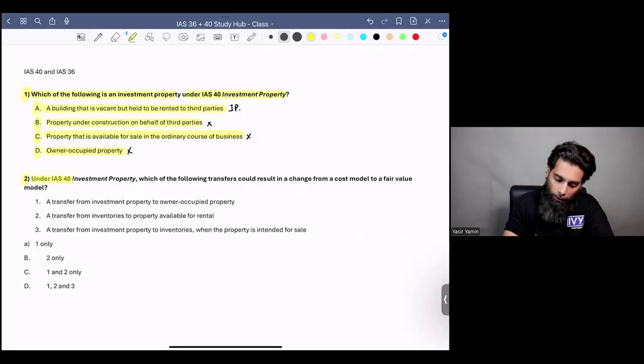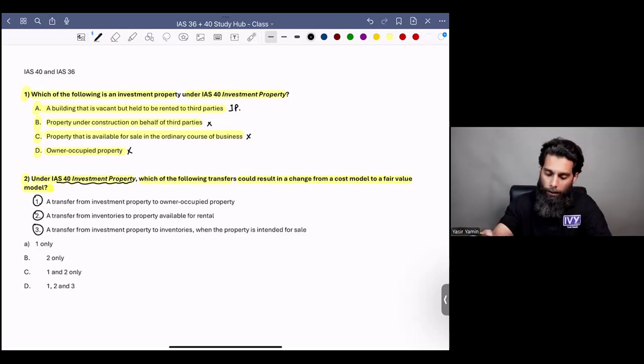Point number two. Under IAS 40 investment property, which of the following transfers could result in a change from a cost model to fair value model? They are saying, referring to IAS 40, there are three possible cases. So you are going to shift from cost model to fair value model in which of the following circumstances?